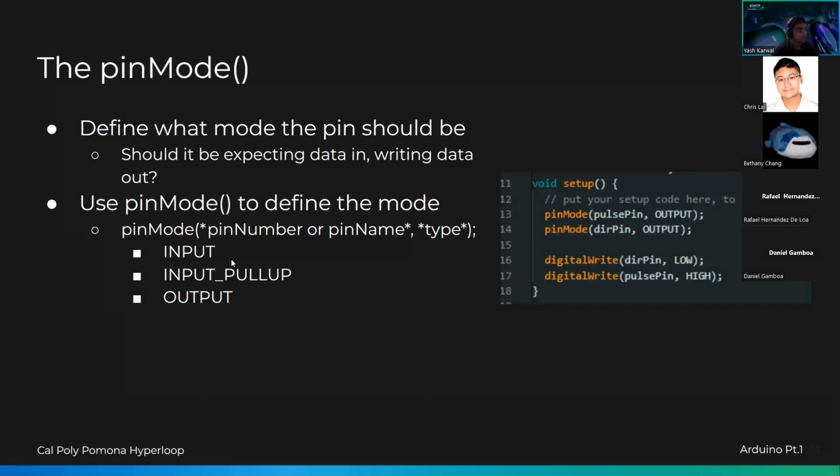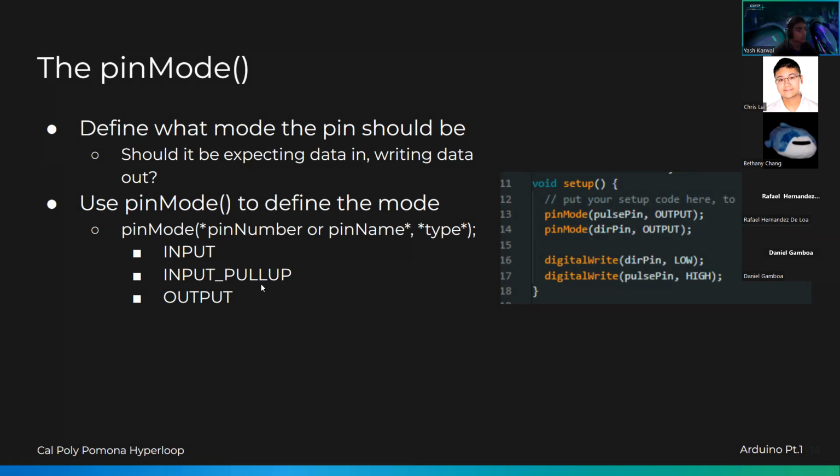With these two, normal input will usually read a 0 by default unless you put a 5-volt signal into the pin. Input pull up will read a 1 unless you put a ground or a 0 into the pin.